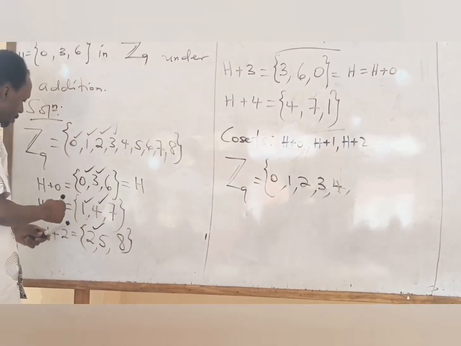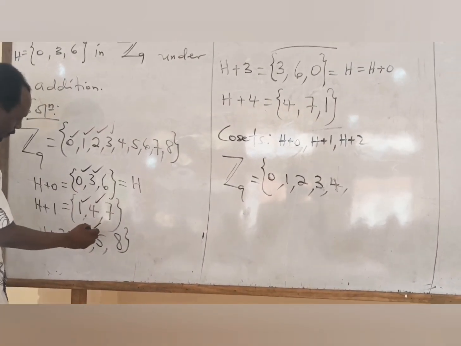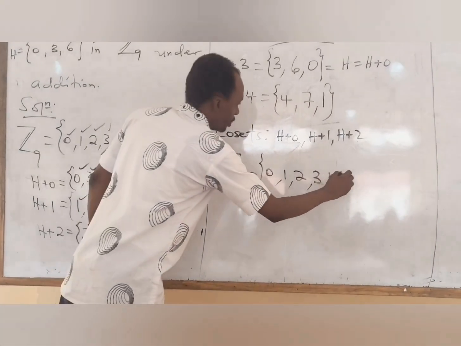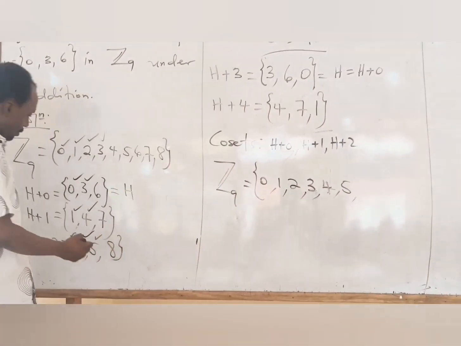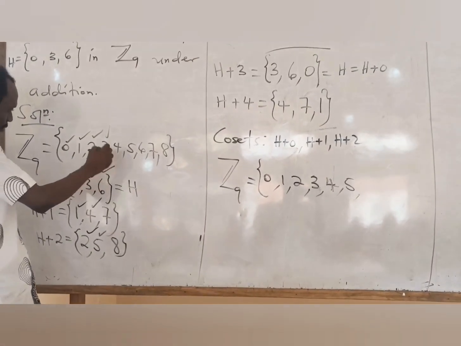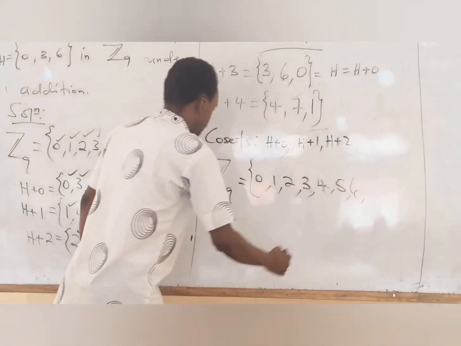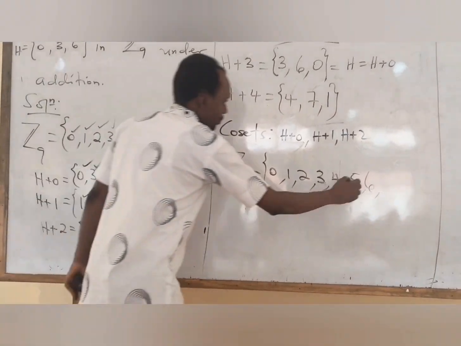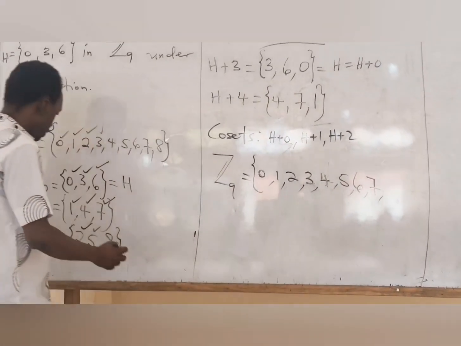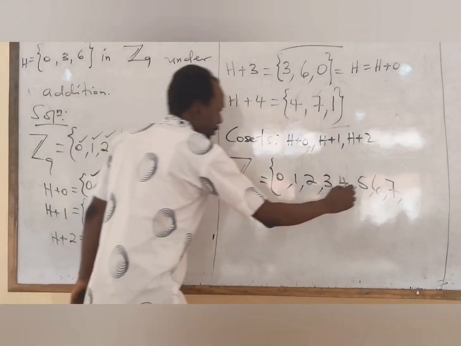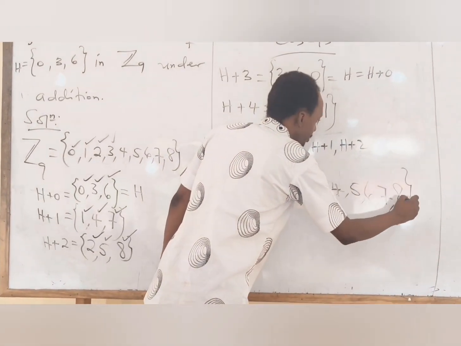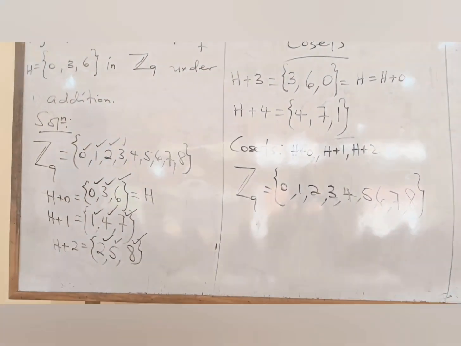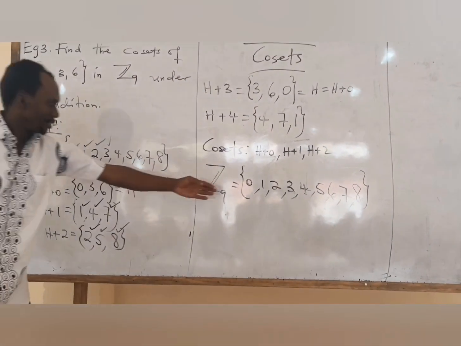And then 5, yes there is 5. Good. Is that 6? Good. There is 6. Is that 7? Yes, 7 is here. So we write 7 there. Is that 8? Yes, there is 8. Is there any other thing again? No.